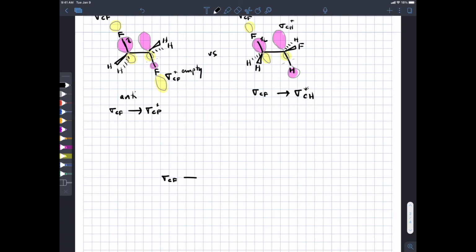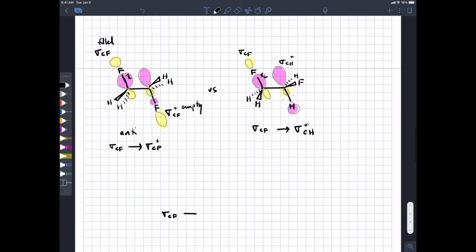Okay, I need to back up just a little bit, because where we're going, we could come around to the right answer. But the real deal has to do not with which orbital the carbon-fluorine bond is donating into, but rather with... why is this not working in my head? Just a second.